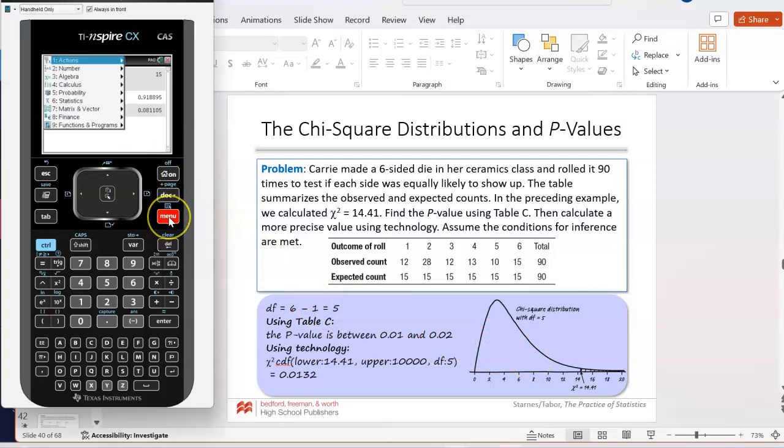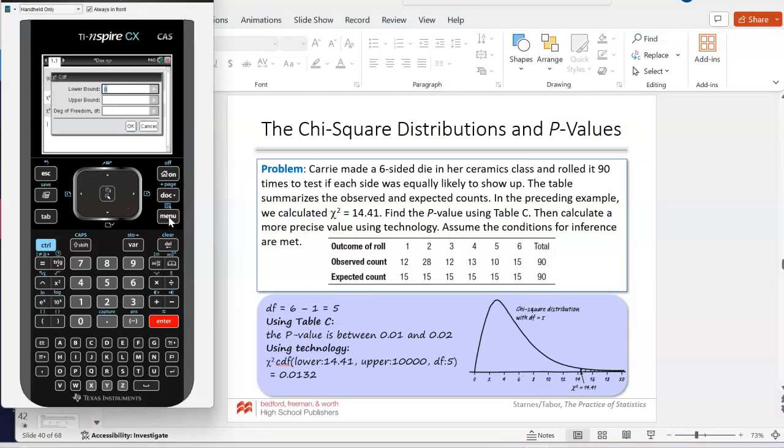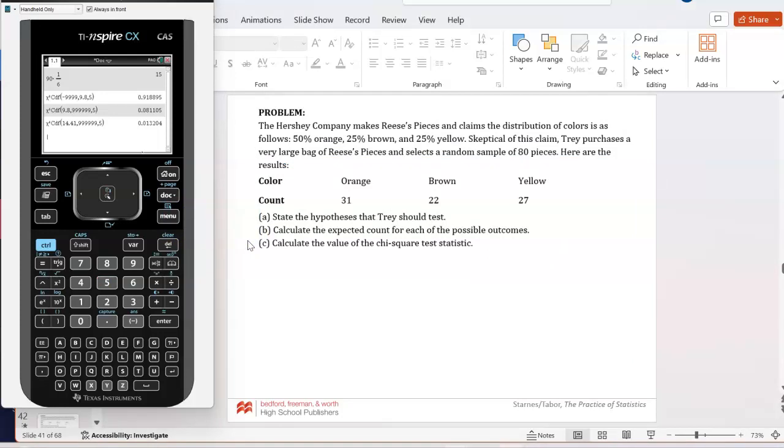So if you go to chi-squared CDF, 14.41 to infinity, and degrees of freedom was 5, because there were 6 sides on the die in this one. And so it would be 0.0132. So you can figure that out just knowing that information.